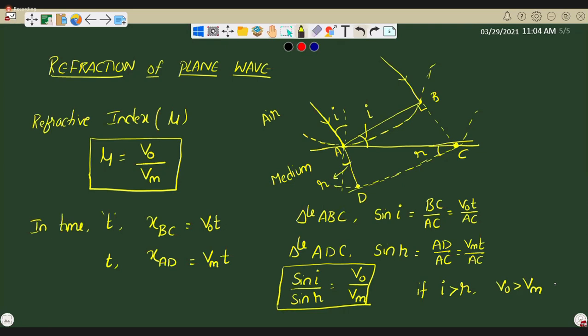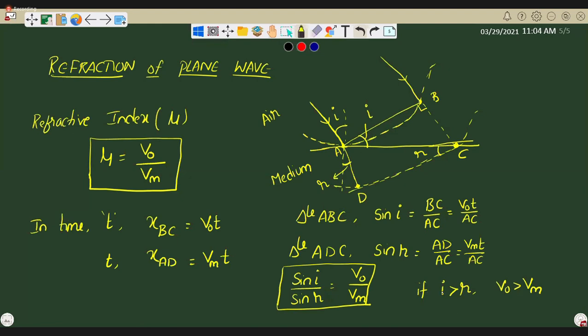So whenever the light is entering a denser medium, your velocity decreases, and it is vice versa. Whenever your light wave is going from denser medium to rarer medium, your velocity increases.